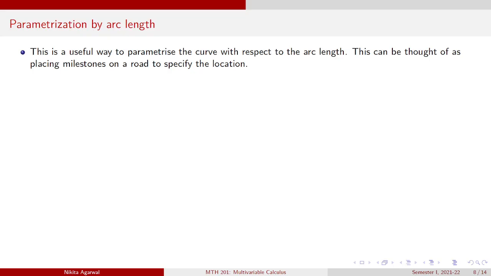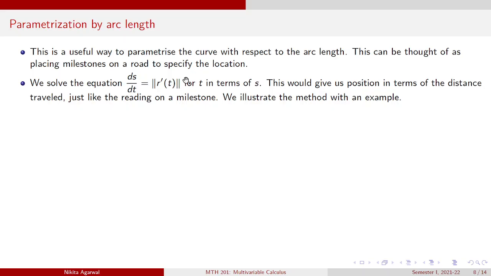So after every, let's say, a kilometer or 2 kilometers, there is a milestone which tells you how much distance you have traveled till a point, or how far ahead a location is from a point. So those are arc lengths. They are not straight line distances, right? So therefore, it's important to parameterize your curve with respect to arc length rather than the time variable.